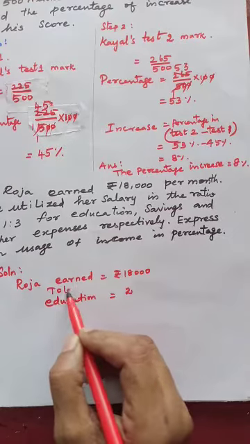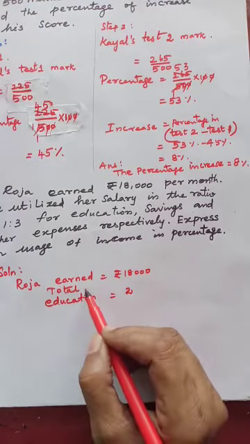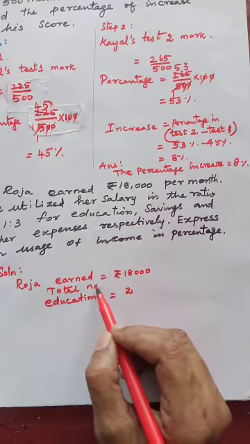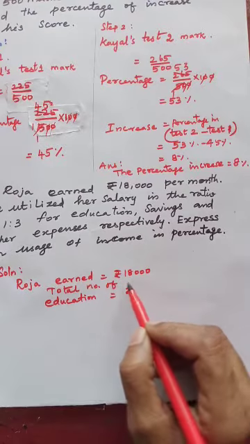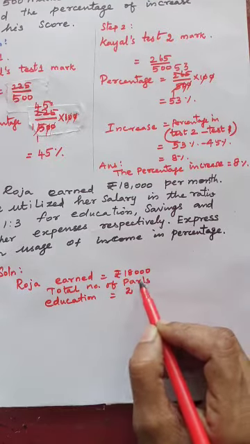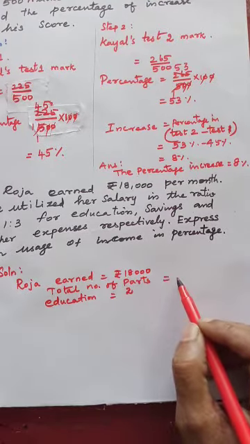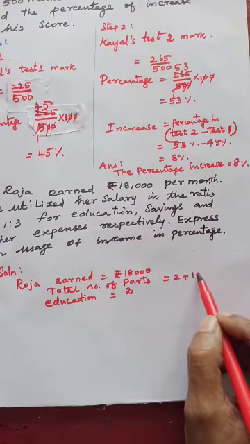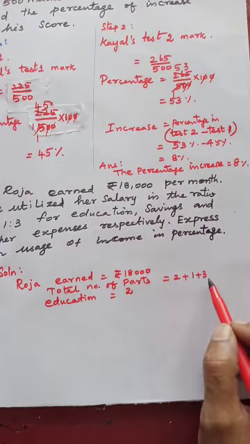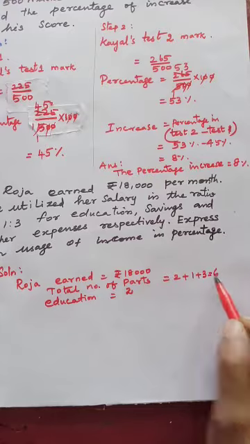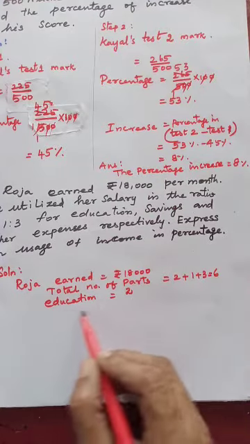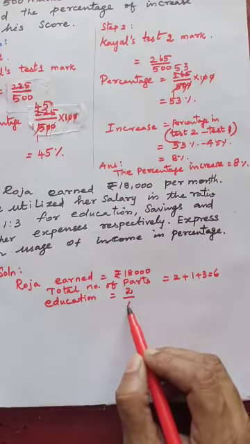So the total number of parts of her salary is equal to 2 plus 1 plus 3, that is equal to 6. So for education 2/6.